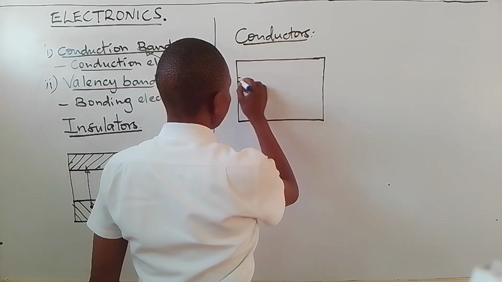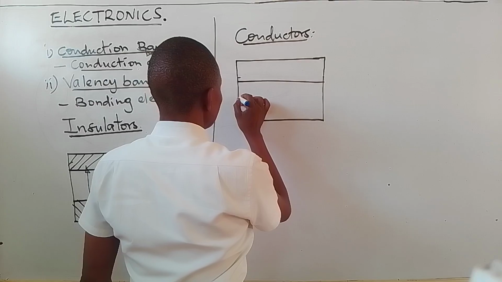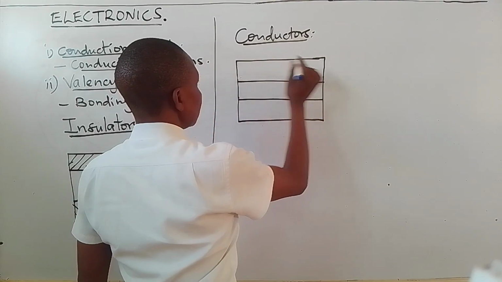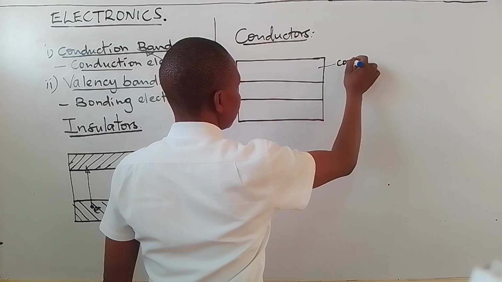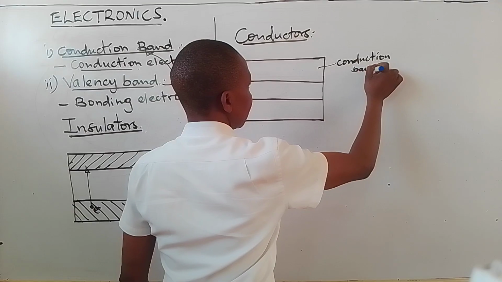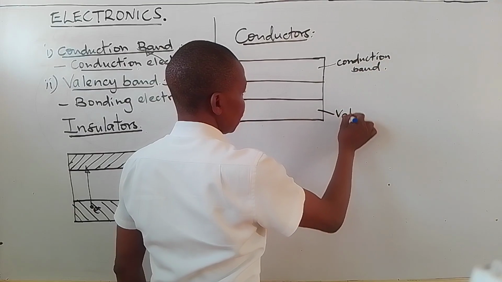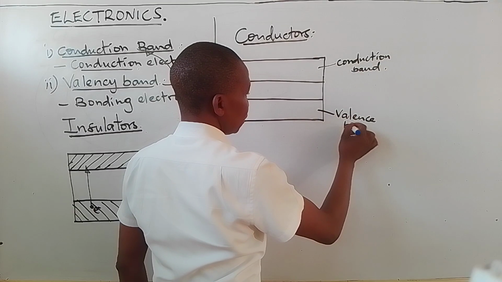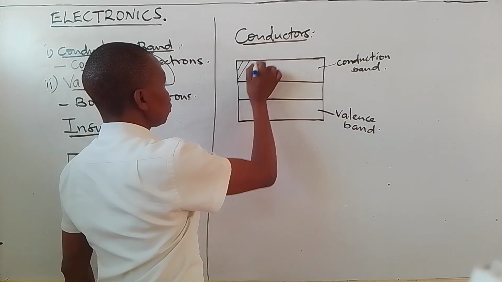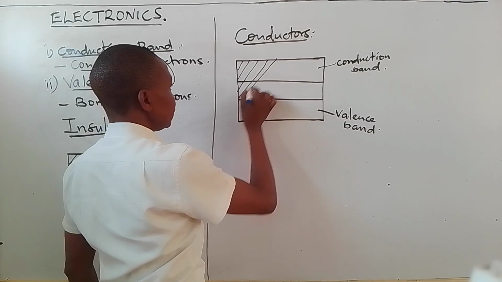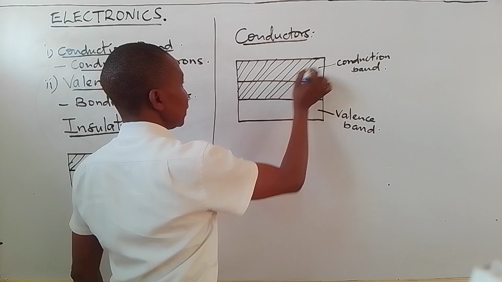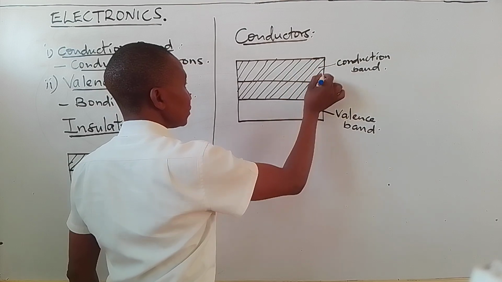This is the conduction band, and then the valence band. But instead of having an energy gap, what happens for a good conductor? The conduction band will cross over to where we would be having a forbidden or energy gap, like that.